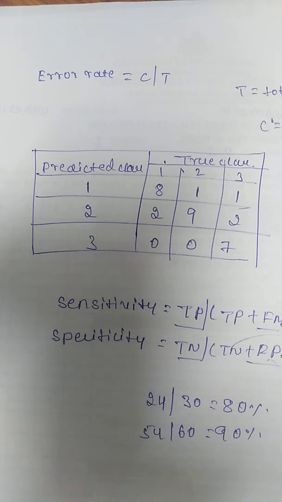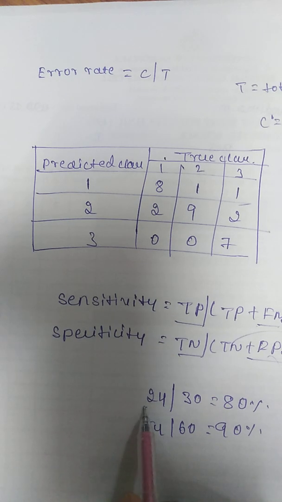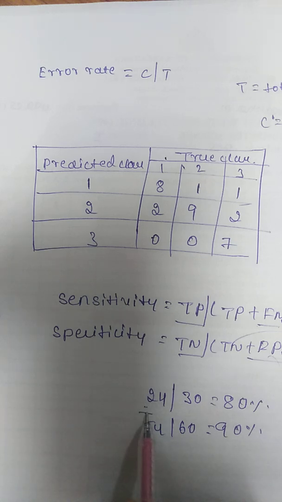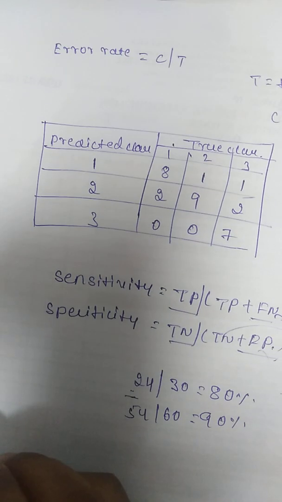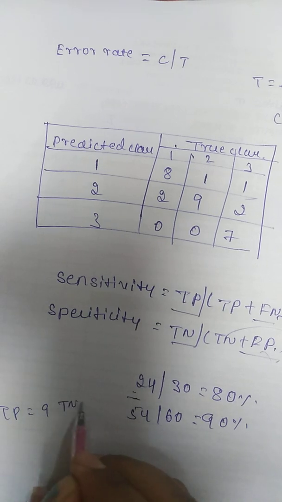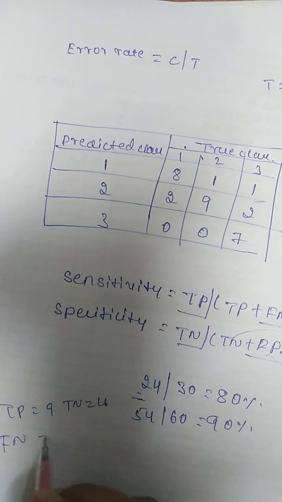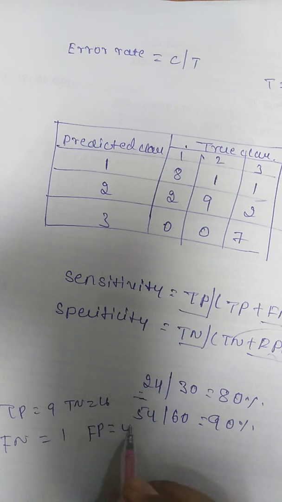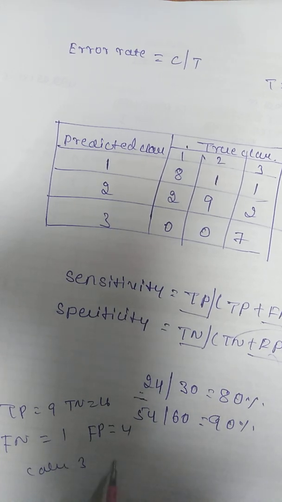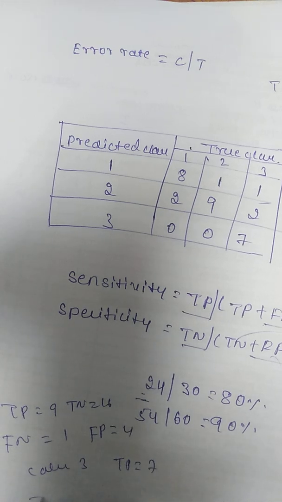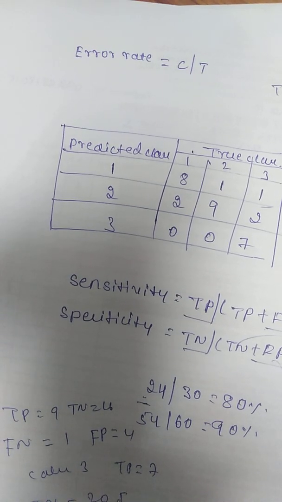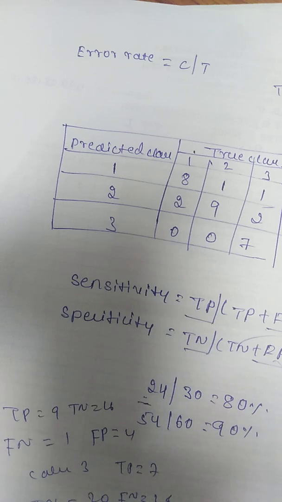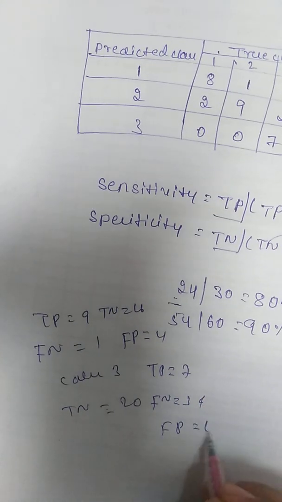Here I will take 24. For this class, TP is equal to 9, TN is equal to 16, FN is equal to 1, FP is equal to 4. This one is class 3, where TP is equal to 7, TN is equal to 20, FN is equal to 3, and FP is equal to 0. Everything we can find out now, and after that we can find the sensitivity and specificity.